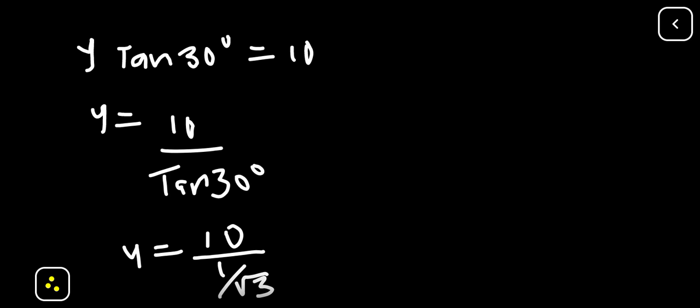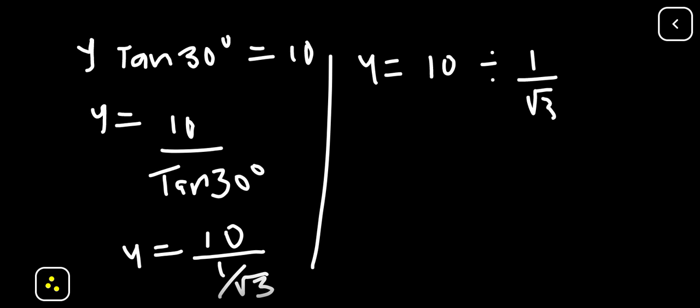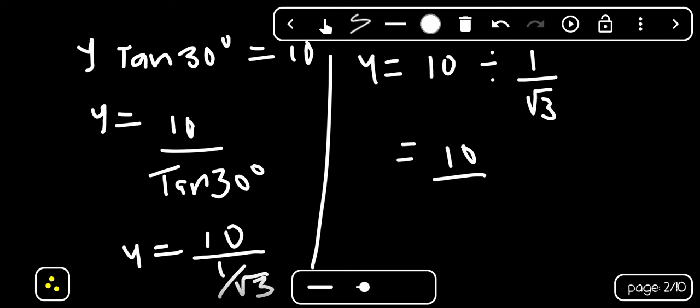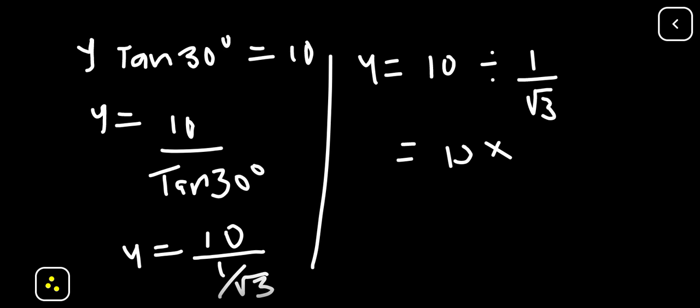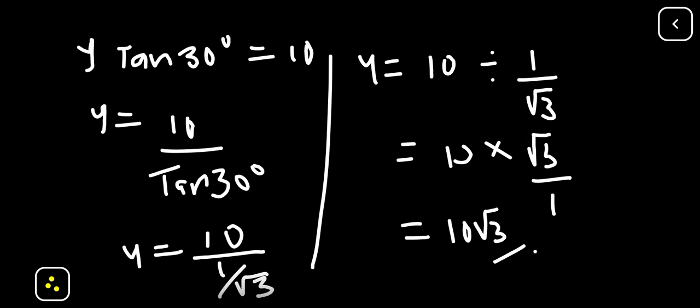And when we express this, we have y equal to 10 divided by 1 over root 3, which is 10 times root 3 over 1, which is the same thing as 10 root 3. And that's our answer.